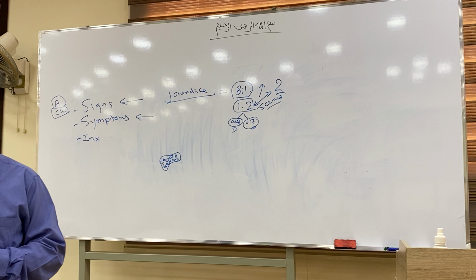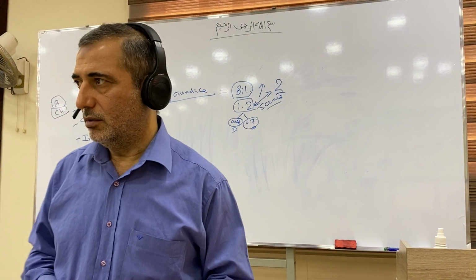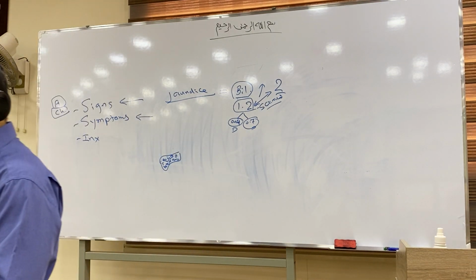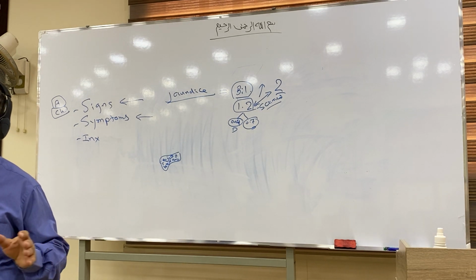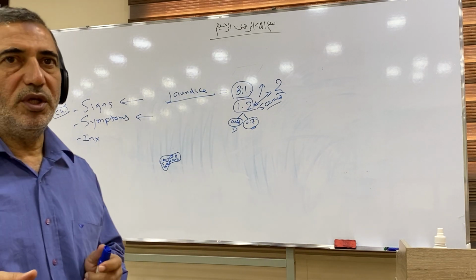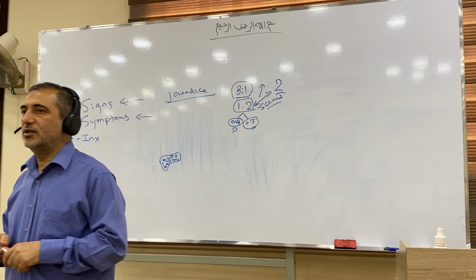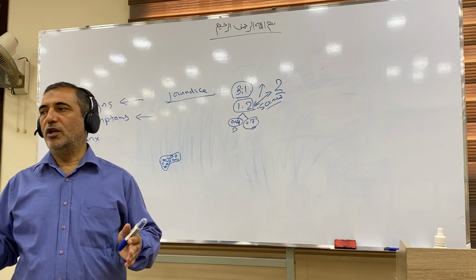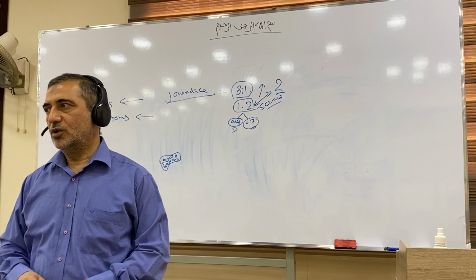One of the signs of liver failure is clubbing of the finger. Clubbing is not specific for liver failure. It can happen in heart failure, pulmonary failure, liver failure. Another important sign specific to chronic liver disease is spider nevi, especially in patients who take alcohol. You know that alcohol is one of the toxic substances that can destroy the liver and lead to chronic liver disease, cirrhosis, which they call alcoholic liver cirrhosis.